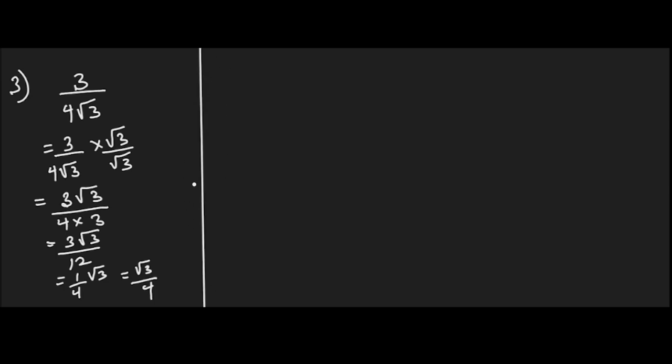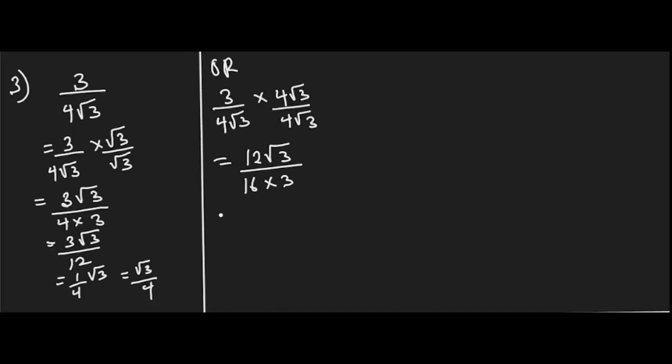Alternatively, we are going to have 3 times root 3 all over 4 times 3. 12 and 3 have a common factor of 3. 3 goes in 12 four times.